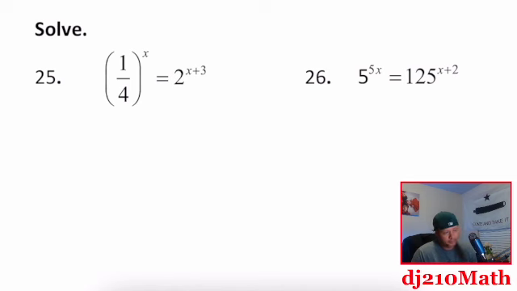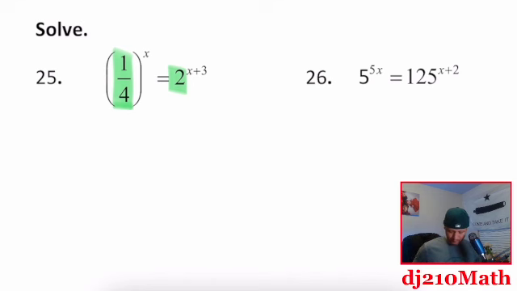The goal is going to be, if we make these match somehow, and then once they match, we cancel them out in a sense, and the exponents will be equal to one another. Okay, so one's a fraction, one's not a fraction.